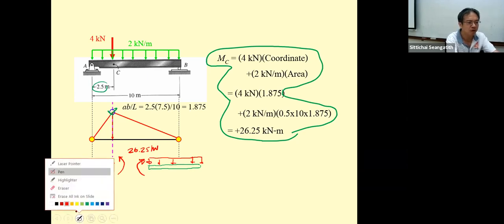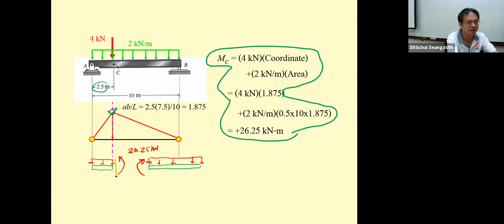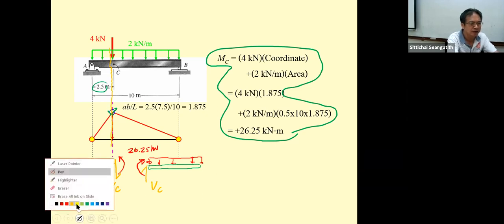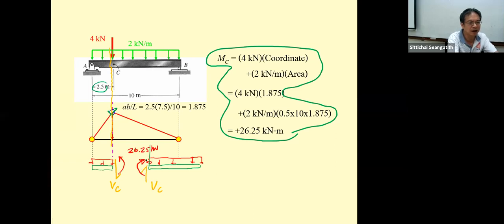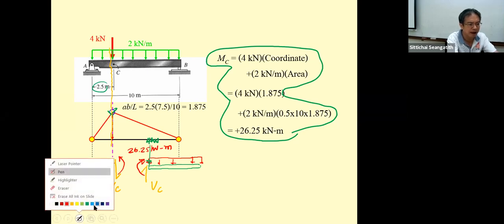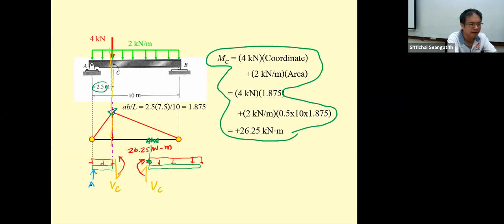Okay, and what we have is the shear V sub C here and the shear V sub C here. If you cut it just before the C, the 4 kilonewton will act here, and this is 26.25 kilonewton meter, and then you can use this one to determine A sub y, and you can use this one to determine B sub y.